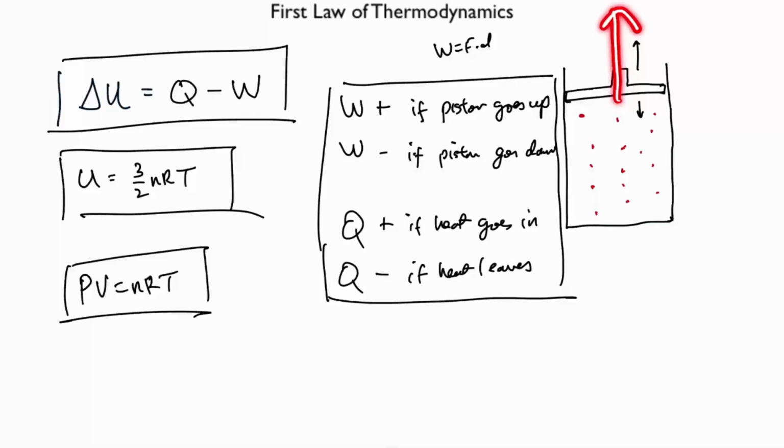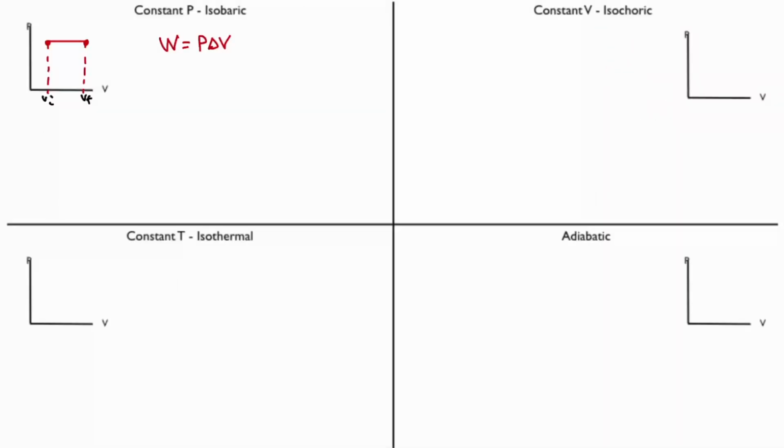It's either going up or down, right? So that work turns out to be just whatever the pressure is times the change in volume of the system. So how would we write down the first law for an isobaric process? Well, that's ΔU = Q minus PΔV. So to calculate the work in a constant pressure process, I just take the pressure multiplied by the change in volume, I'm done, right?